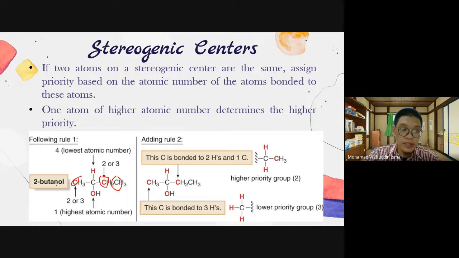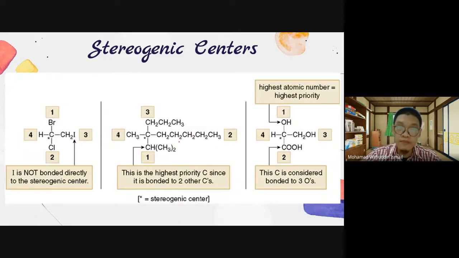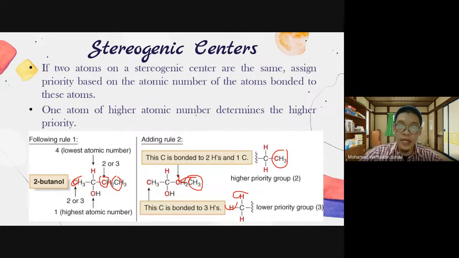The problem is which one is number 2 and which one is number 3, because the carbon attached to the carbon is the same. So we look at the next carbon's attachments. This will be number 2 because the C will attach here, and then only hydrogen is attached to the other, so it will be number 3. So the configuration will be 1, 2, 3, 4, right?